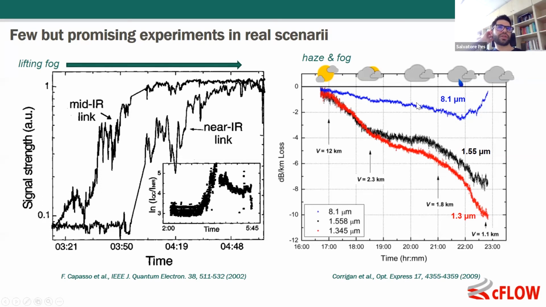We see that the decrease in signal strength is lower in the case of the LWIR signal during haze and fog, and it even increases after a raindrop event because the rain washes out some of the particles.